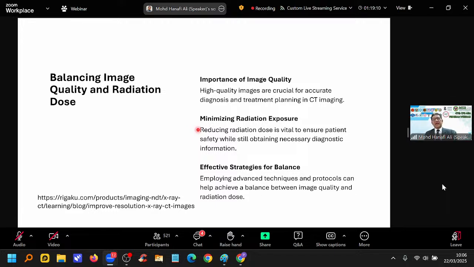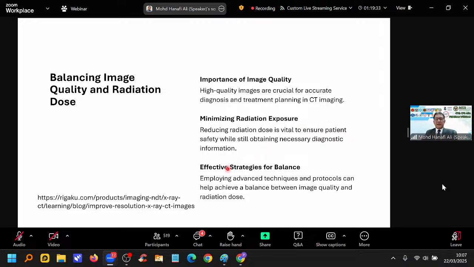Okay, they normally scan the request and decide whether it is possible or acceptable for the examination. Then second, it passes to radiographers. Okay, radiographers must really take care of this particular examination, especially maintaining the image quality and minimizing the radiation exposure.